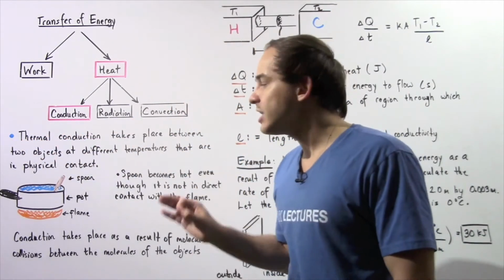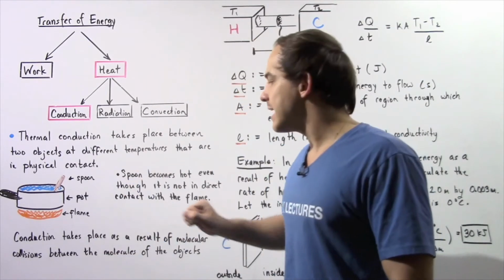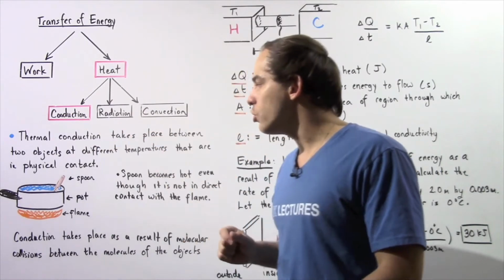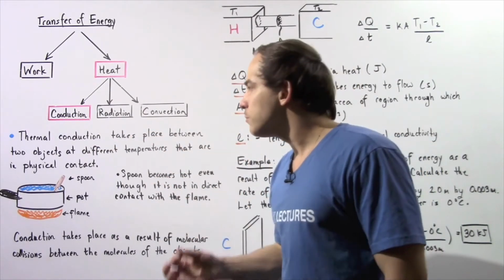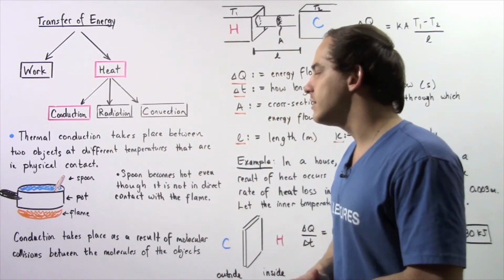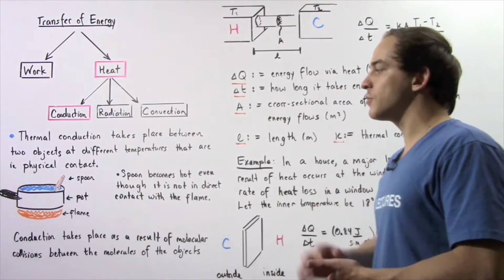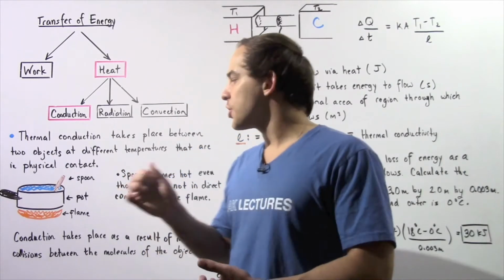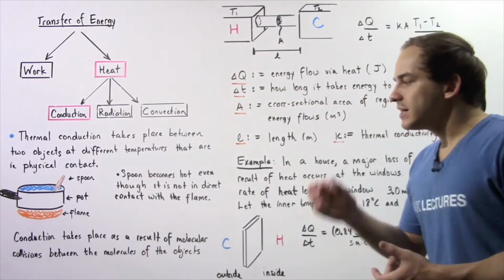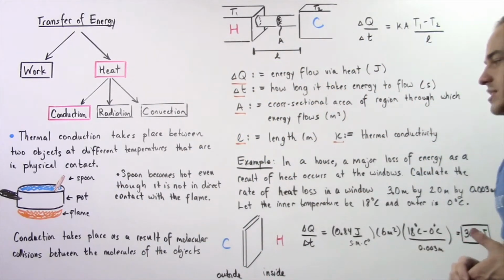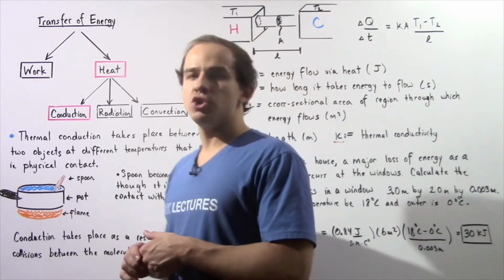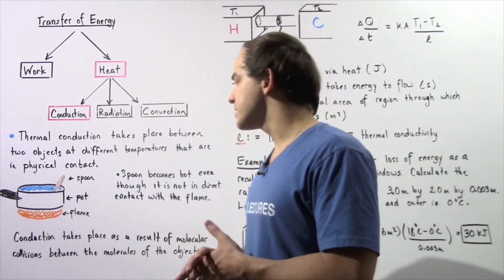Because the pot, which is in direct contact with the flame, is in contact with the spoon, there will be thermal conduction between the pot and the spoon. So energy will transfer indirectly from the flame into the spoon via thermal conduction. So conduction takes place as a result of molecular collisions or vibrations between the molecules within our object or system.